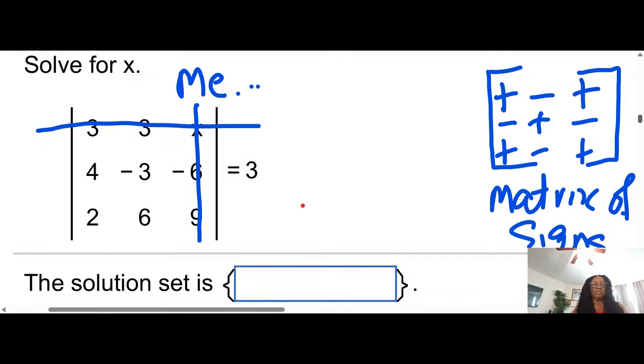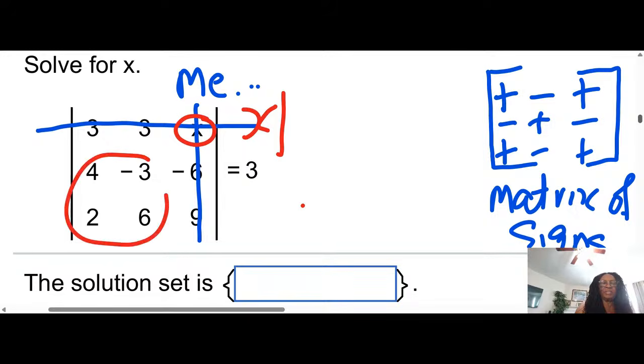Now that I have crossed out the row and column of X, the entries that I did not cross are the 2 by 2 matrix that I will use to evaluate this determinant. So I have X multiplied by my 2 by 2 matrix, and this 2 by 2 matrix is 4, 2, negative 6, 9.